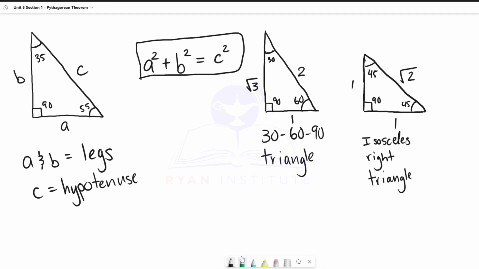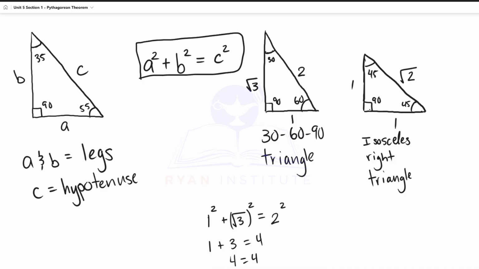Let's take the 30, 60, 90 triangle, which is 1 squared plus the square root of 3 squared equal to 2 squared. 1 to the power of 2 is 1, plus the square root of 3 to the power of 2 is 3. 2 to the second power is 4. And this would give us 4 equal to 4.